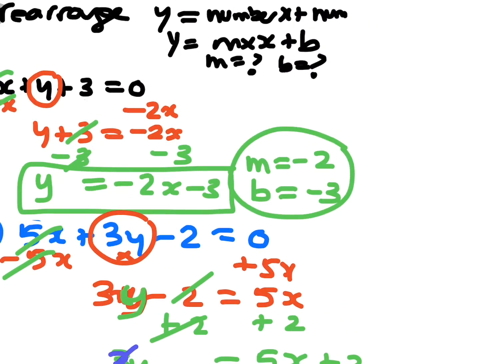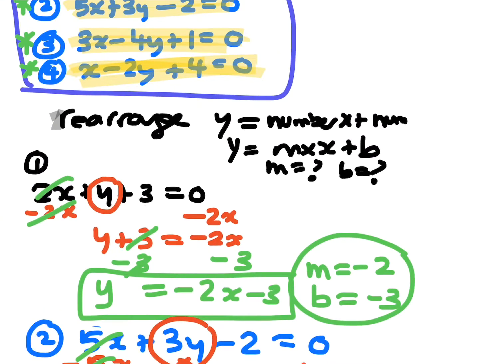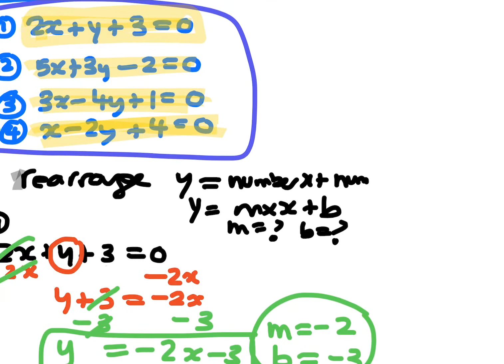I'm just going to do one final one. Let's do number 3. 3x minus 4y plus 1 equals 0. The reason I've chosen number 3 is because I just want to show you what happens when you've got the minus 4 there. You're trying to solve for the y. That's the most important thing.